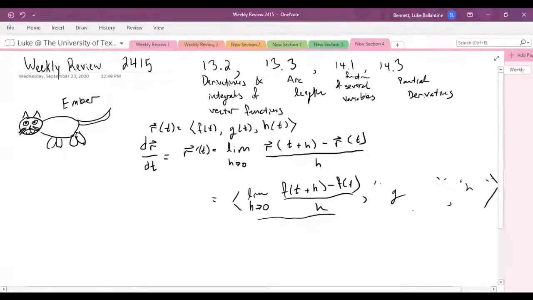So in each case, we just take the limit of the difference quotient for each component. And so that means all of the nice properties and all the derivatives that we know and love from calculus 1 still hold.